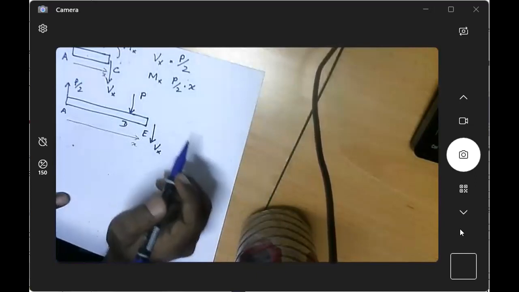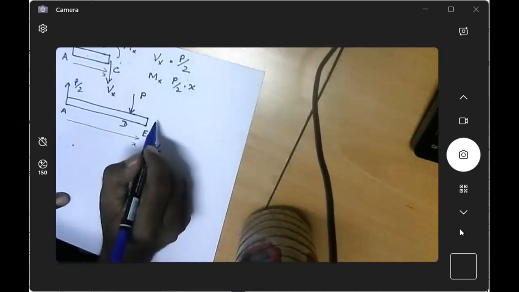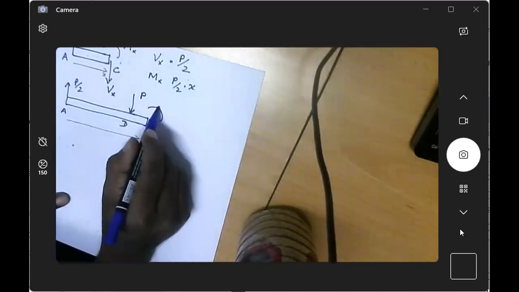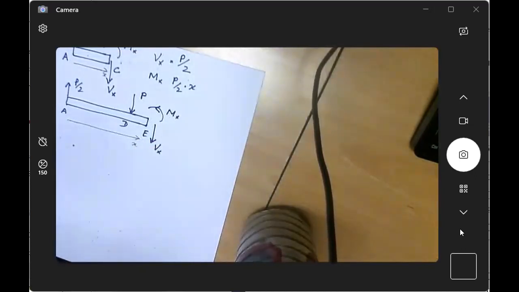And then we have, just like in the previous case, a moment acting here. Now compute Vx and Mx.